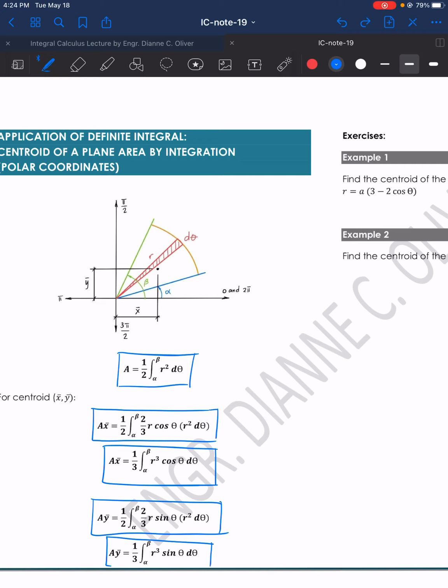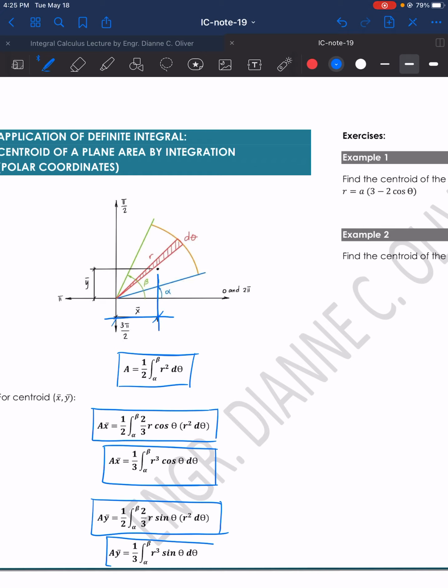So we will treat it just like the rectangular coordinate as for the location of the x bar and y bar. Although the radius comes from the point of origin and goes towards a certain angle, the location for x bar is horizontally from the point of origin up to the centroid of the figure.